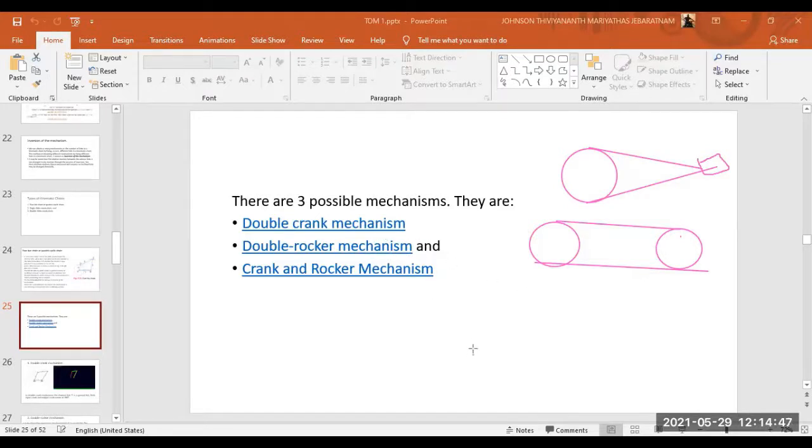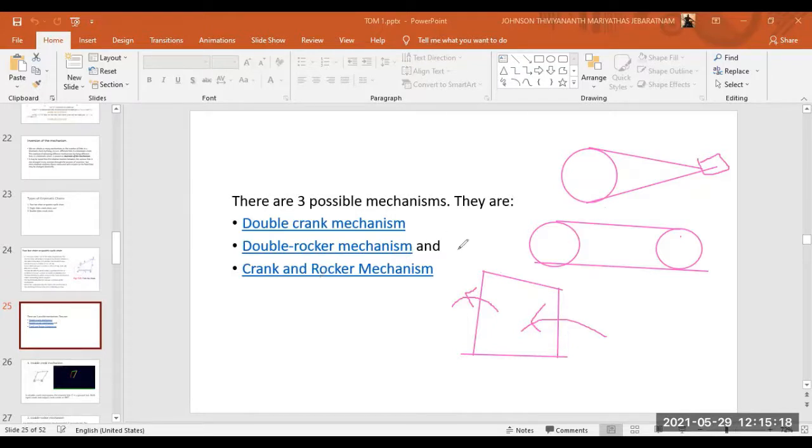Double rocker means there is not even a single crank, so there is no rotary motion, only reciprocating motion. This one is making a partial oscillation, and this one is making a partial oscillation. There is no complete rotation.